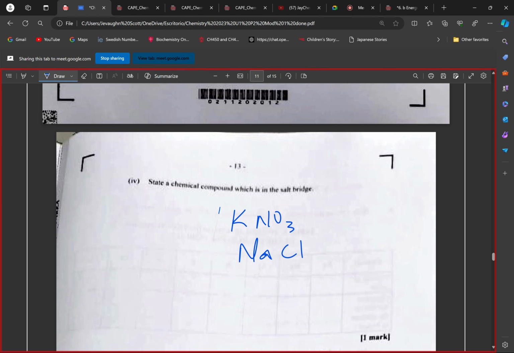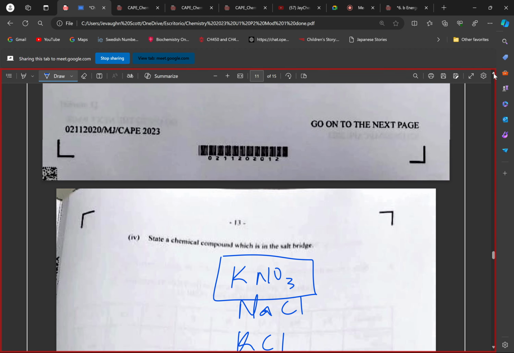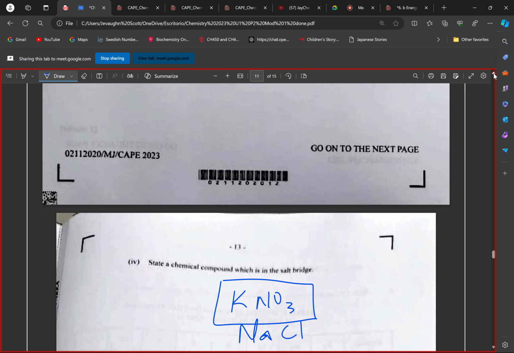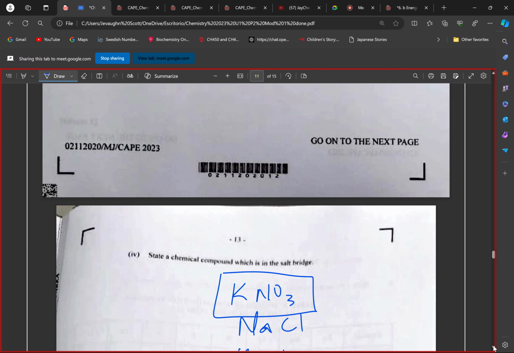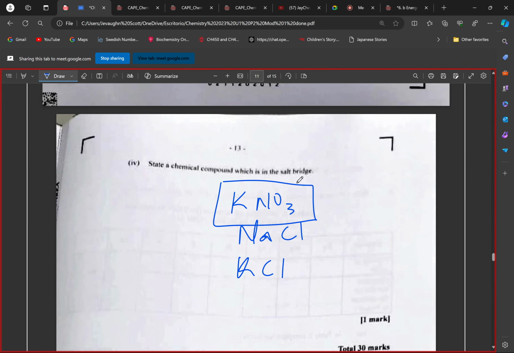And could you also have potassium chloride, or am I wrong? You could technically have potassium chloride, but I would go for potassium nitrate. I'm just stating the others that you could have, but I know that potassium nitrate is the most common one.